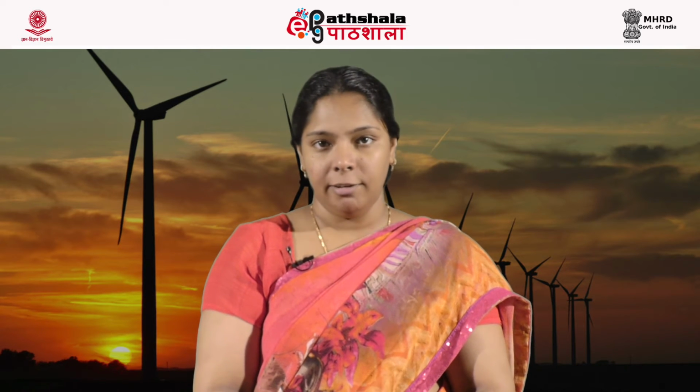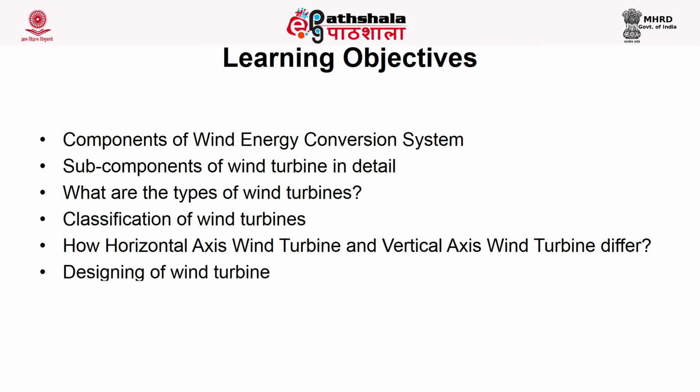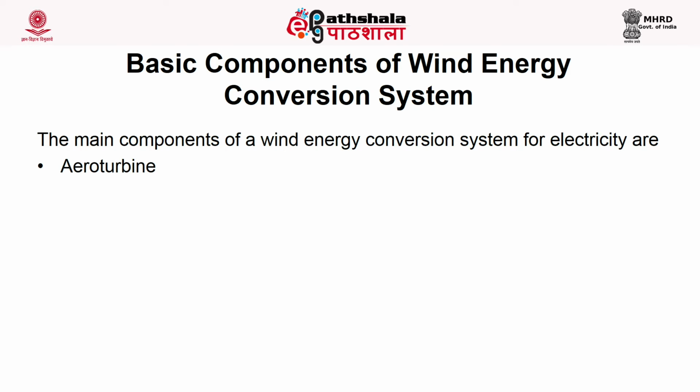We will see the different parts of it in detail, the functions of each component and subcomponent, and also the classification of wind turbines based on axis orientation, that is horizontal axis wind turbines and vertical axis wind turbines. What are its advantages and disadvantages. We will also see the designing of the wind turbine, what all things have to be taken care of while designing a wind turbine.